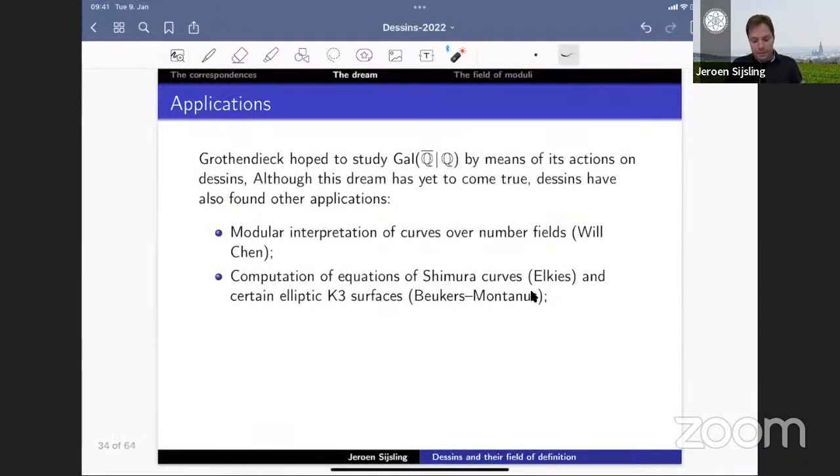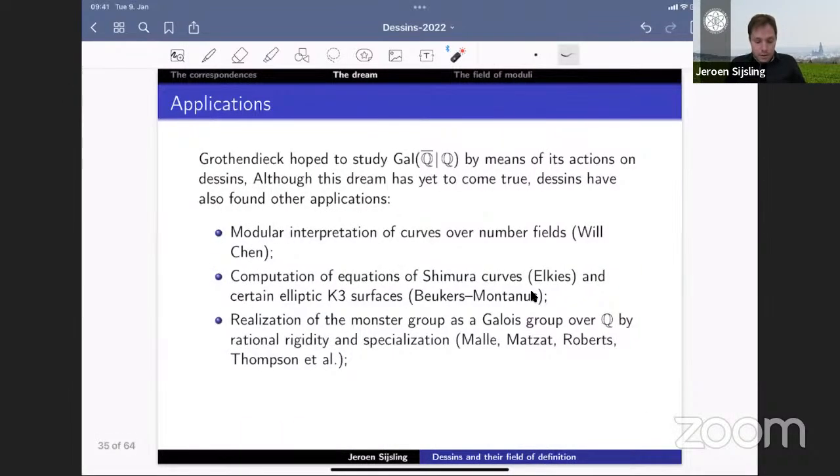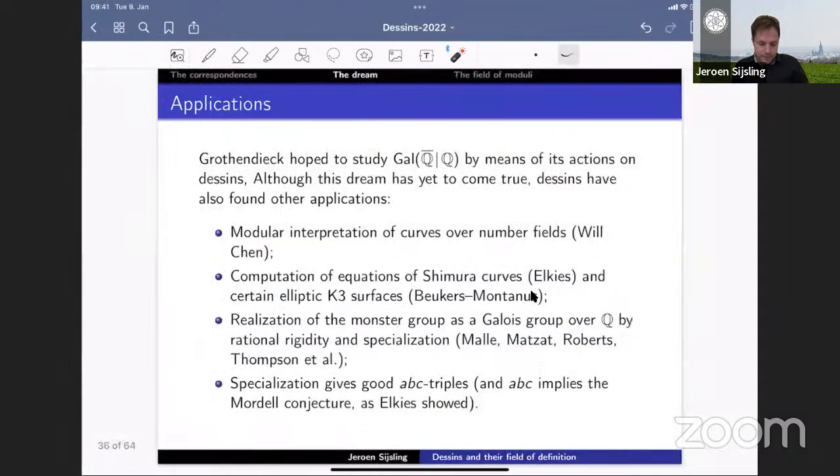Other things is that you can compute equations of certain Shimura curves by this, just by reducing it to computing certain Belyi maps. You can do the same for elliptic K3 surfaces, which was the list of Beukers and Montanus that I showed you before. You can realize the monster group as a Galois group by rational rigidity and specialization. This is how it was done. Basically, people constructed a suitable Belyi map and then specialized in the fiber to obtain an extension that had the monster group as a Galois group, which is a really nice achievement.